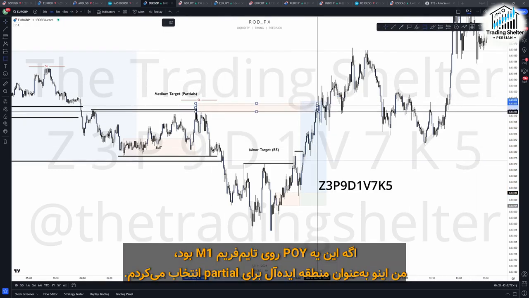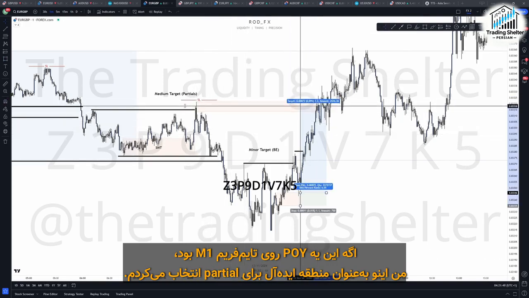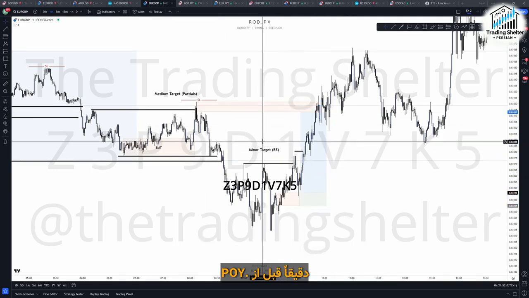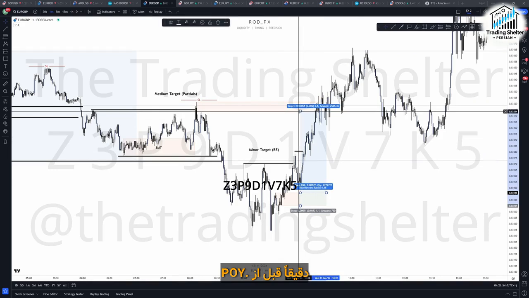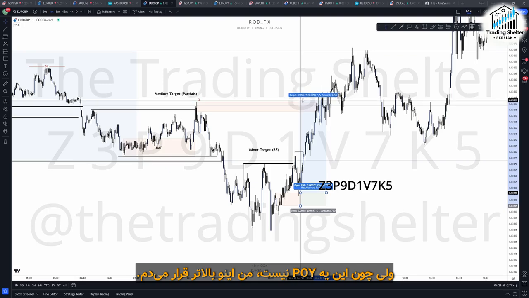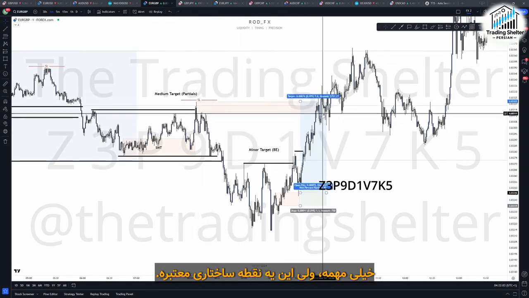If this would have been a POI on M1, I would put this as a perfect break even, partial zone just before the POI. But since this is not a POI, I would put it above. Okay, very important, but it's a valid structural point.